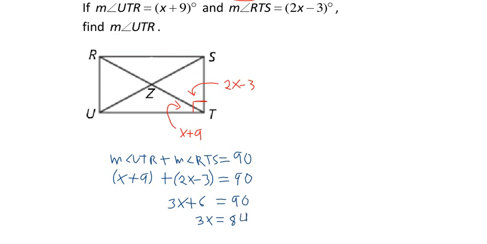And that will make x is equal to 28. So now we have the value of x, and with that we can find the measure of angle UTR, which is the little angle here, whose measurement is x plus 9. So the measure of angle UTR is equal to 28 plus 9, which is 37 degrees.